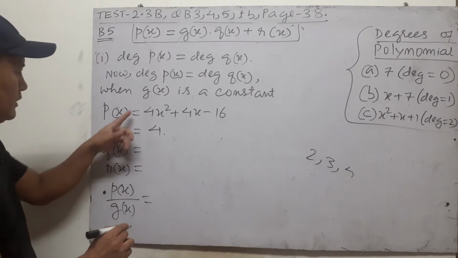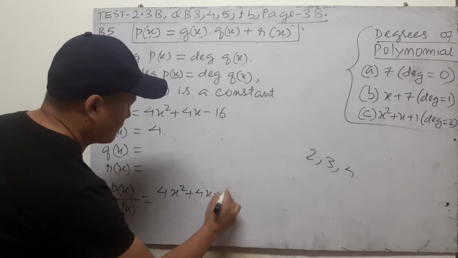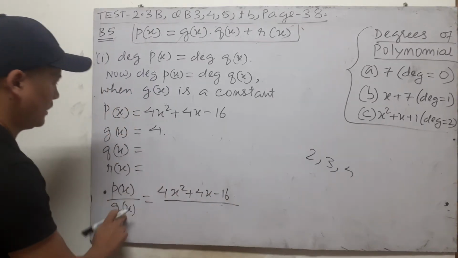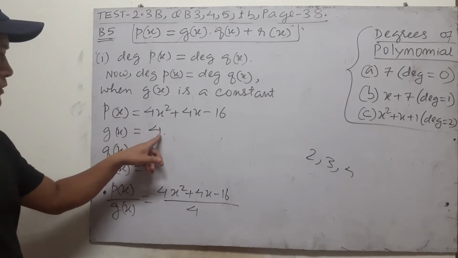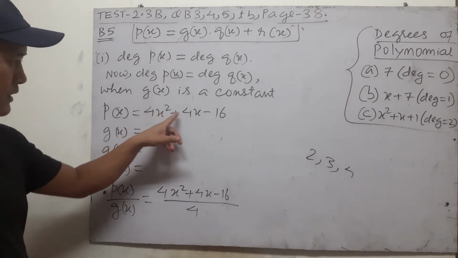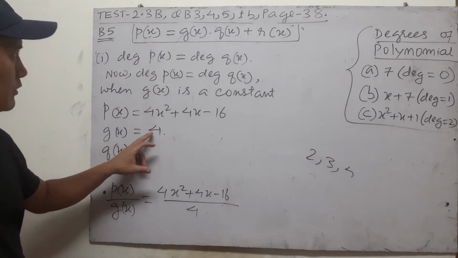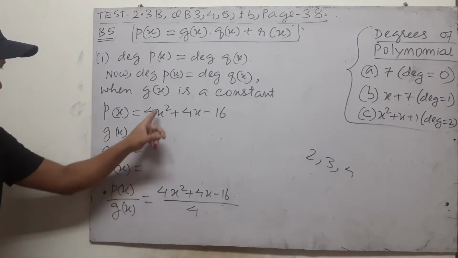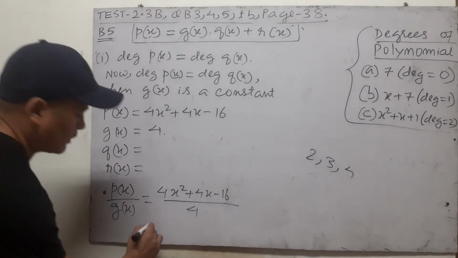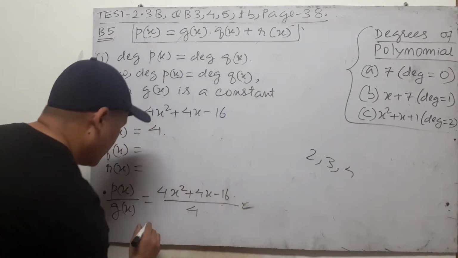So when you do this, you're going to get 4x squared plus 4x minus 16 divided by 4. When g of x is constant and p of x is something like this, with the divisor constant, then only we're going to get degree of p of x equal to degree of q of x. This one will come out with the same degree. Let's just check it out. So which is equal to, okay, let me do it here.